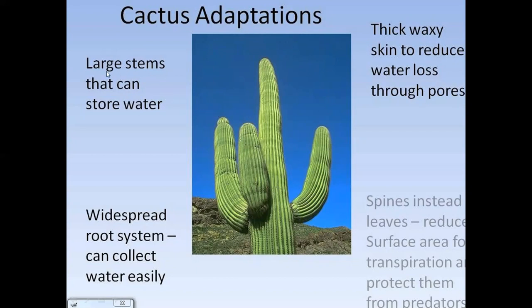They show large stems that can store water and a widespread root system which can collect water easily from deep within the soil, and a thick waxy skin to reduce water loss through pores. And leaves are modified into spines to reduce the surface area and to minimize transpiration.